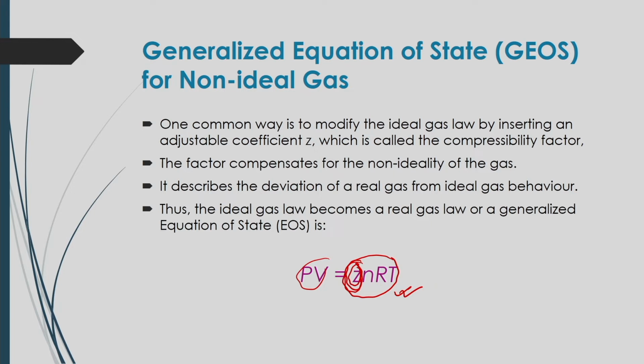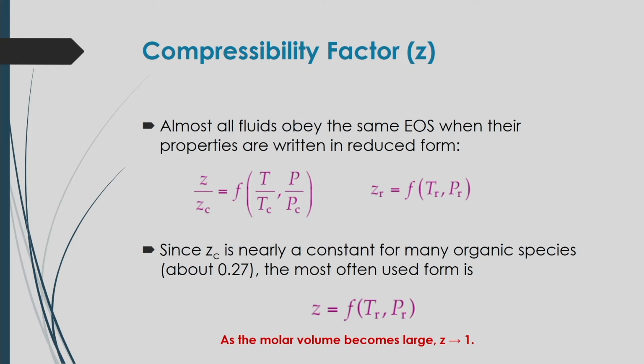Based on this generalized form, several real gas equations have been developed by different investigators and scientists, who have suggested different equations for predicting the non-ideal behavior of real gases.